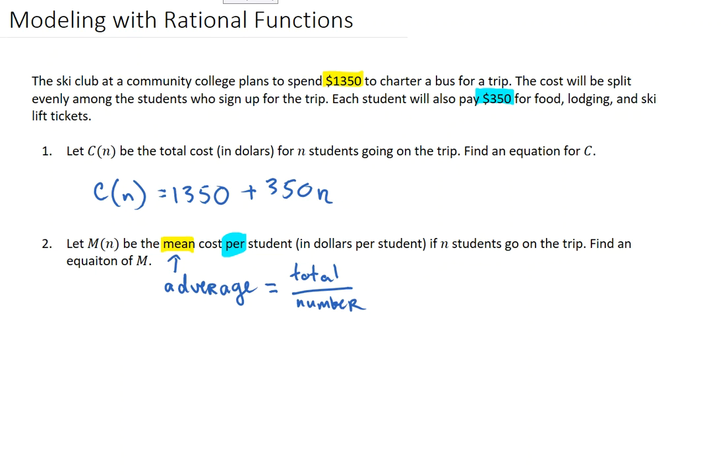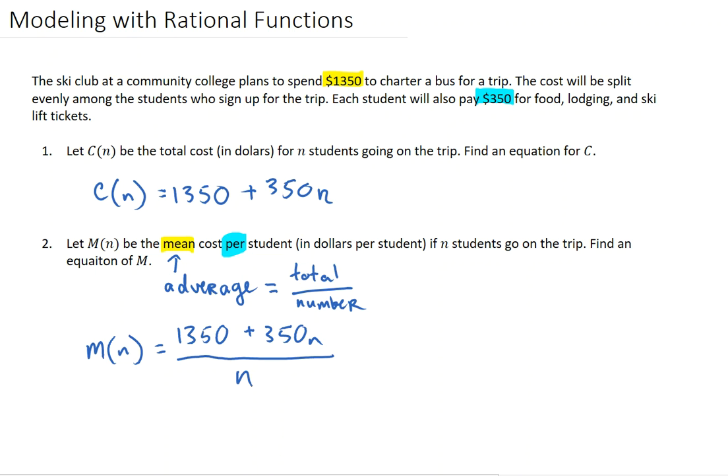So what we need to do there is just say that m of n equals the total cost for going on the trip, and that's what we found in the first problem. And so it's going to be $1,350 plus your $350n, and then we need to divide that by the number of students going on the trip, which in this case is n. So that is the mean equation.